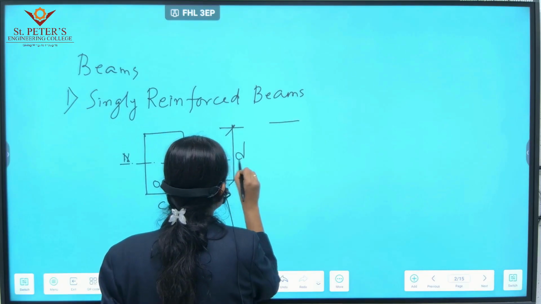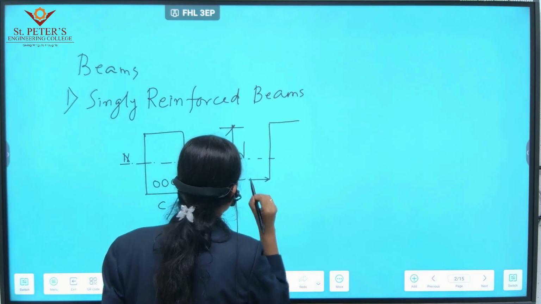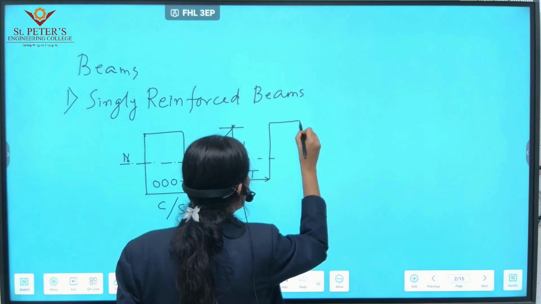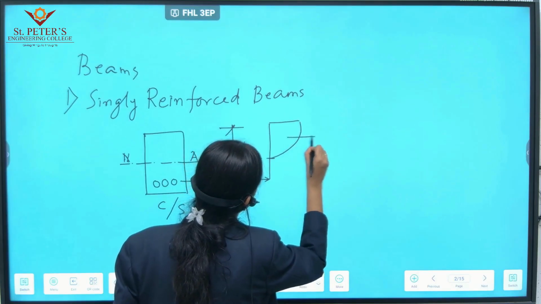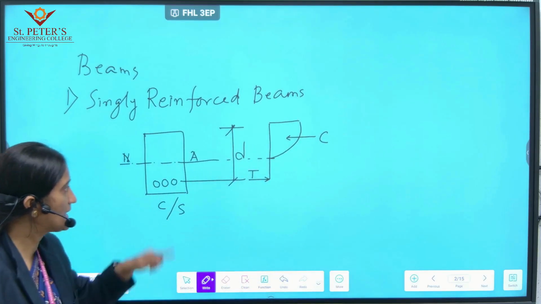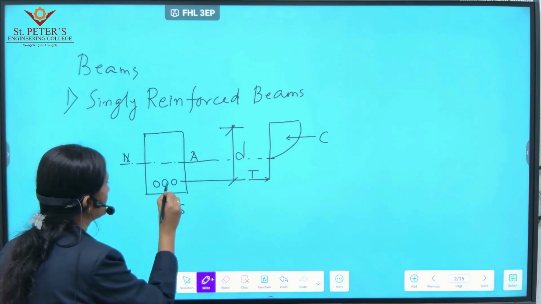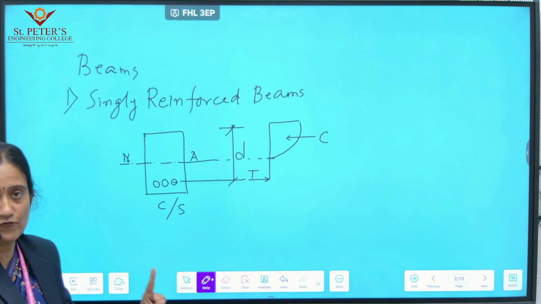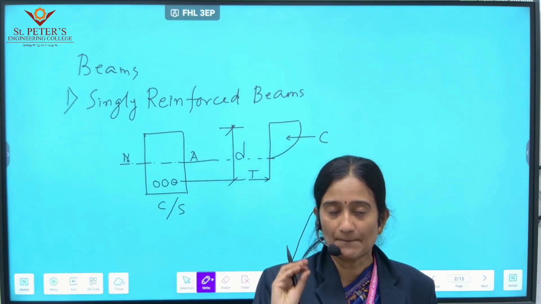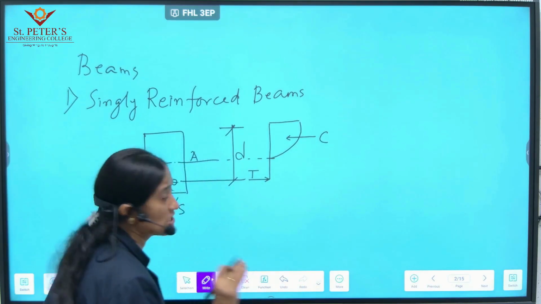If we consider this neutral axis, the tension force is taken by the reinforcement, which is denoted by T, and the compressive force is taken by concrete, which is denoted by C. So at the neutral axis, C is equal to T. In a singly reinforced beam, we have reinforcement only at the bottom, the tension side.